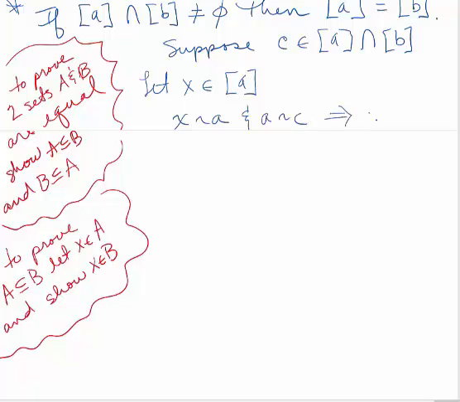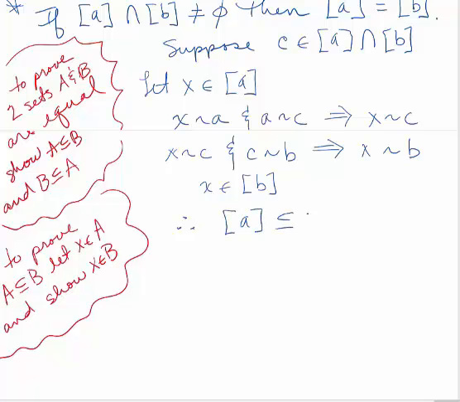We can get at least X is related to C. Well, that doesn't put it automatically into the equivalence class of B, but X is related to C, and C is related to B because C was in the intersection. So this does give us X related to B by the transitive property. Therefore, X is an element of the equivalence class of B, and we can conclude that the equivalence class of A is a subset of the equivalence class of B.